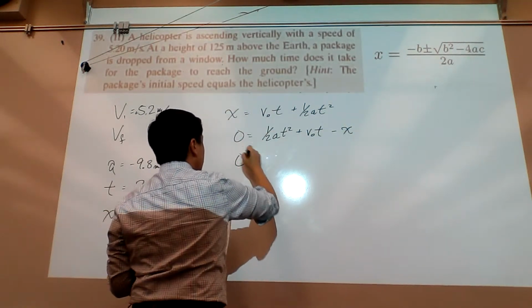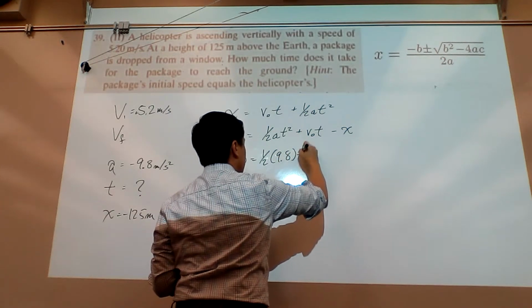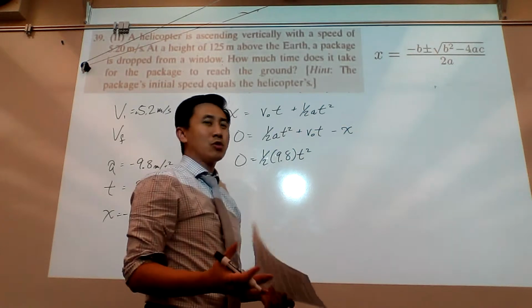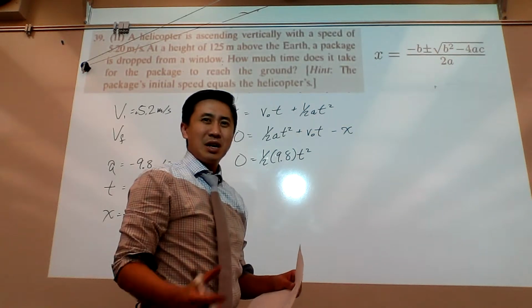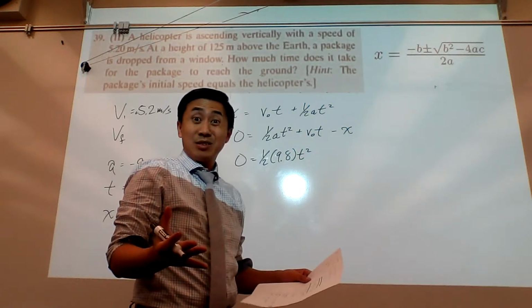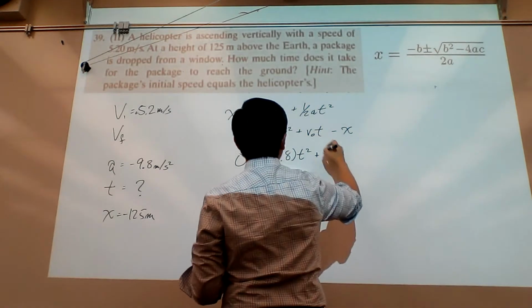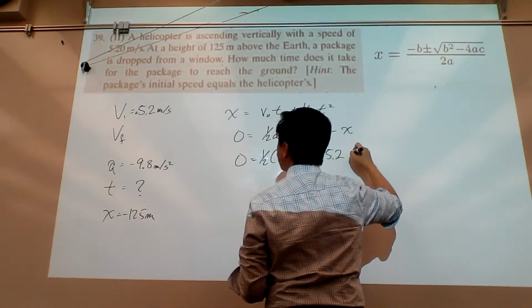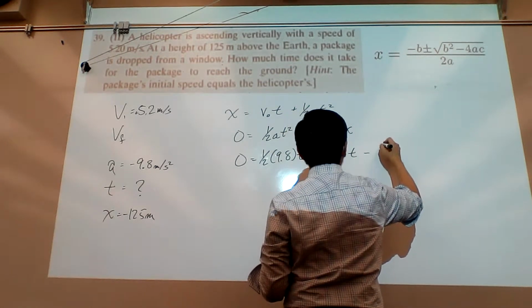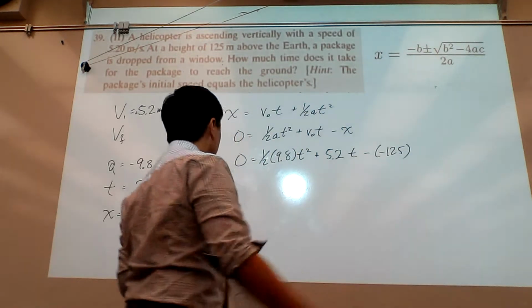Let's fill in. 0 is equal to 1/2 times 9.8 t squared. Because I'm doing quadratic and it's going to be a mess, I'm not going to do the units. Plus the initial velocity 5.2 t, minus negative 125. Let's reduce it a little.